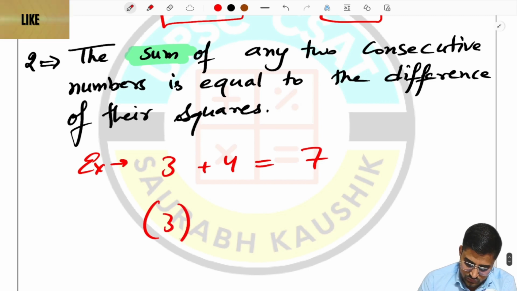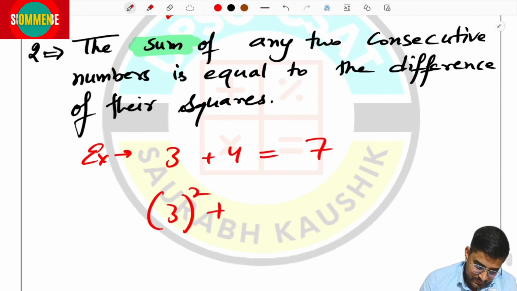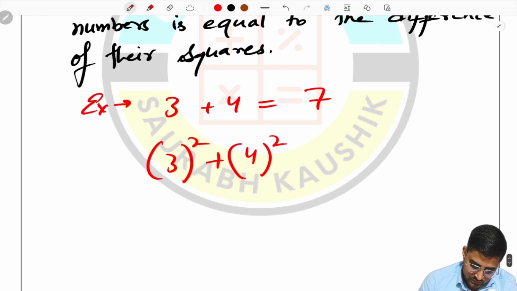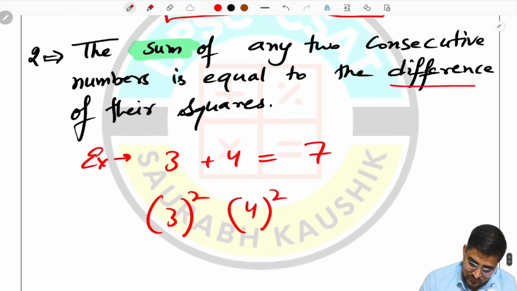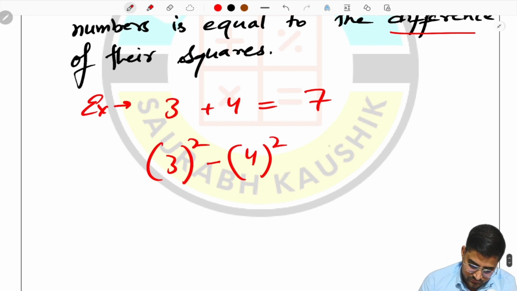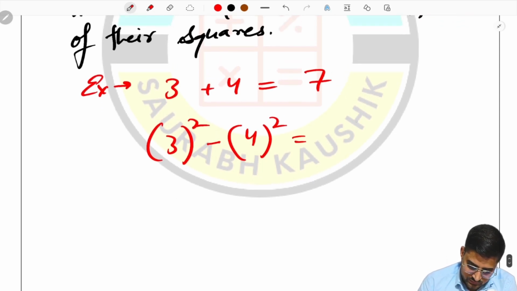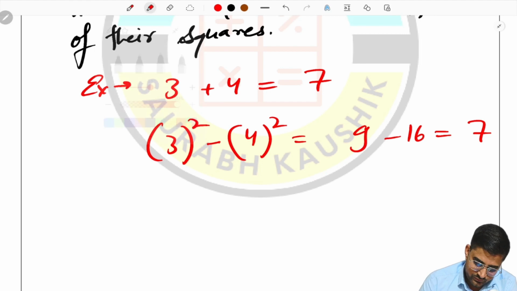The sum of any two consecutive numbers is equal to the difference of their squares. Let us do the square thing. 4 square minus 3 square: 16 minus 9 is 7. So hence proof.